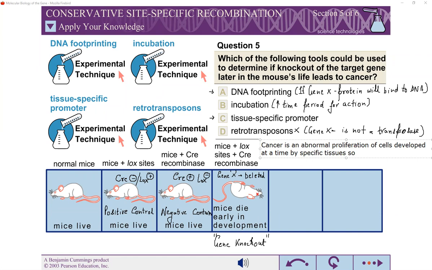So a screening of cells in a tissue specific manner can be used to identify if gene X is causing cancer in a particular tissue or not.